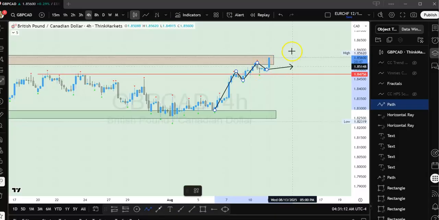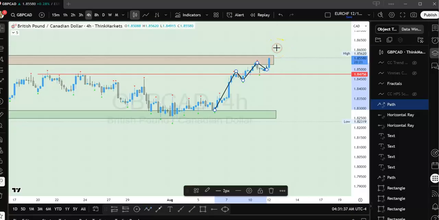So I may have taken a wrong trade the other day. I was trying to sell GBP CAD, so it looks like I may need to take my beating, accept the loss, and trade again another day. But that's a good way to recognize that you made a bad trade and not hold on to a bad trade forever.